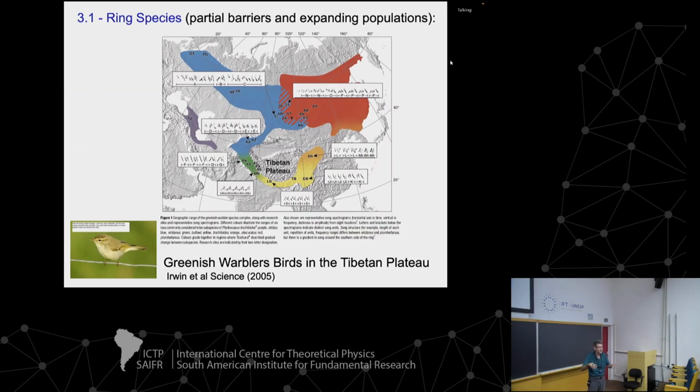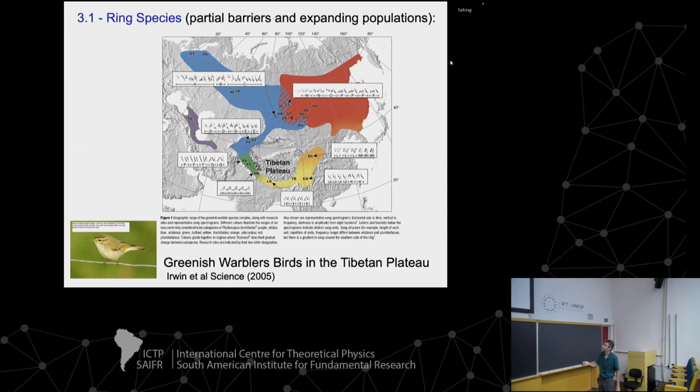The songs were so different that they wouldn't mate with each other. But these guys here could mate with these ones, with these ones, and so on. This is a recent break. Suppose that this is still connected. So you have this ring of individuals that can mate with each other along the ring, except here. Here there is this clash. So this is called a ring species.